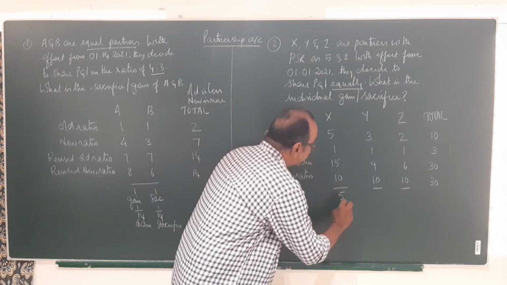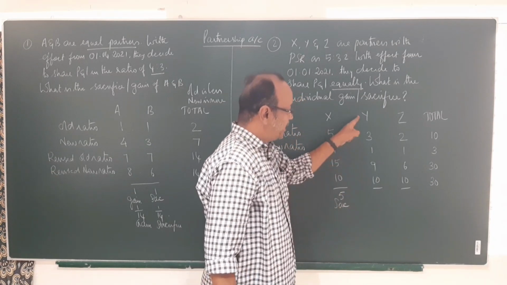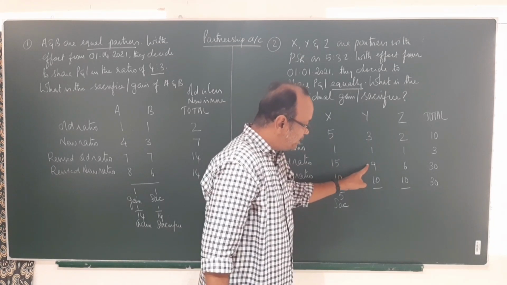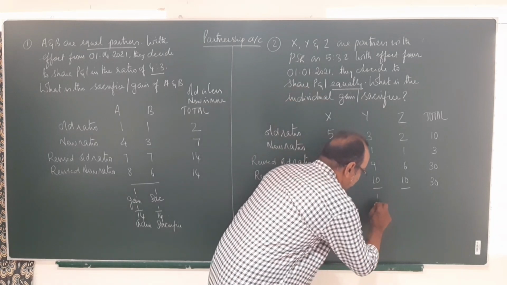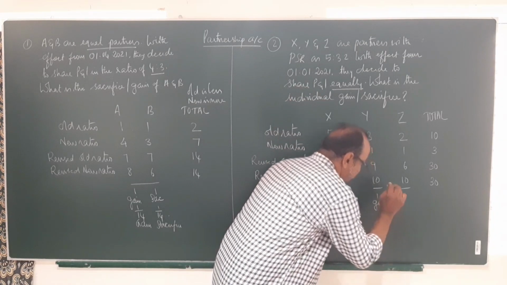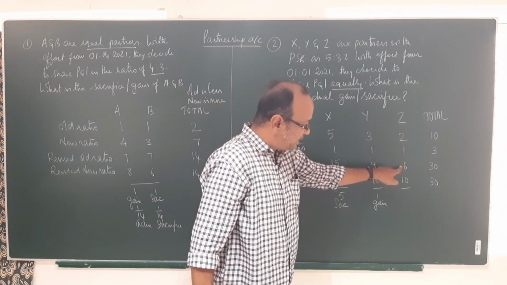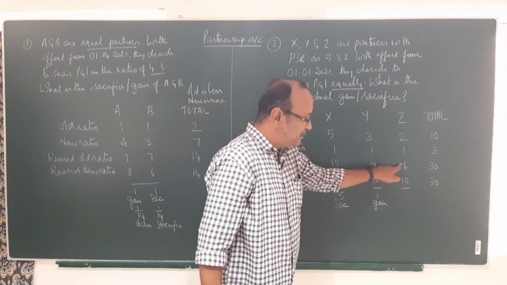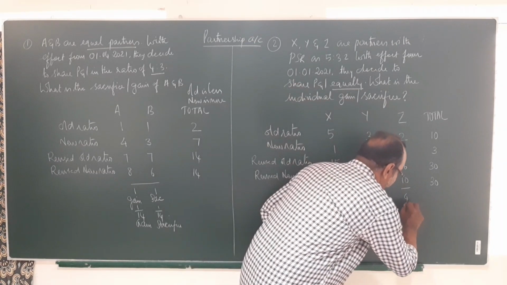Y was getting 9. With the new ratio, he will get 10. So, he is gaining 1. What about Z? His old share was 6. His new share is 10. From 6, it is increased to 10. That means he is gaining 4.